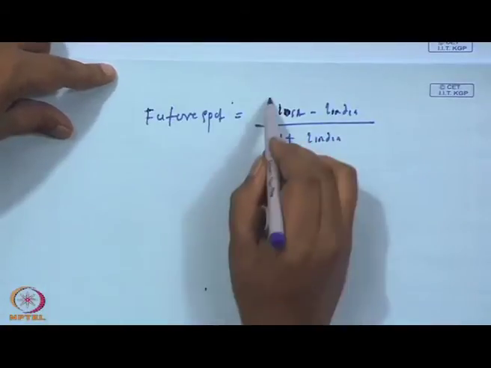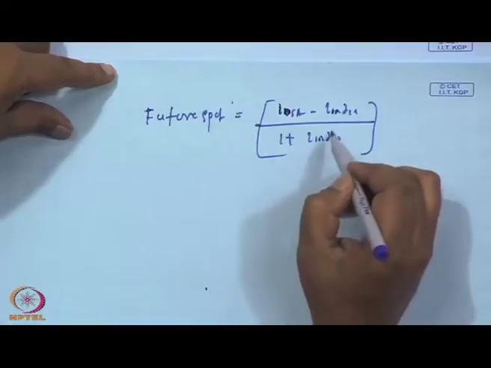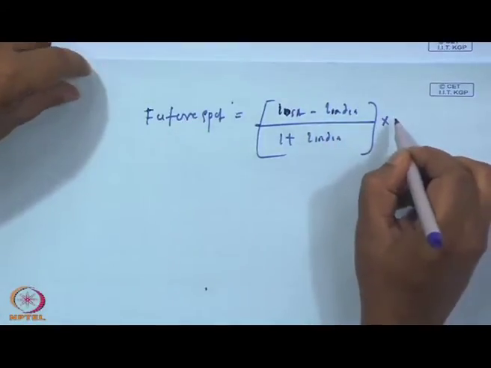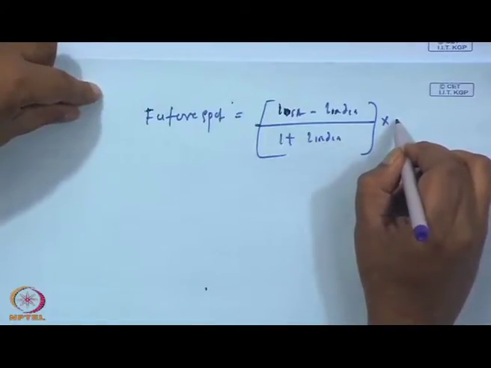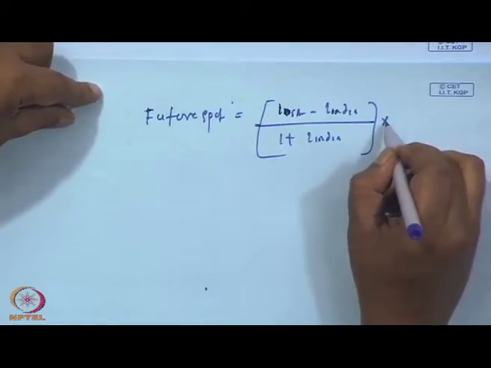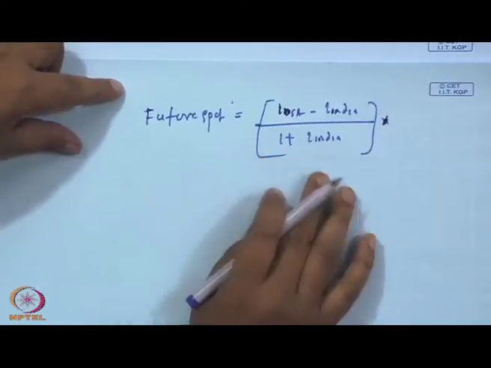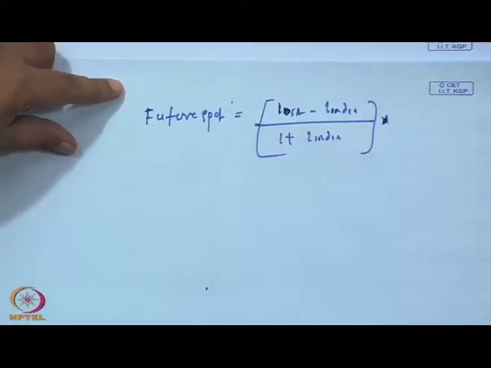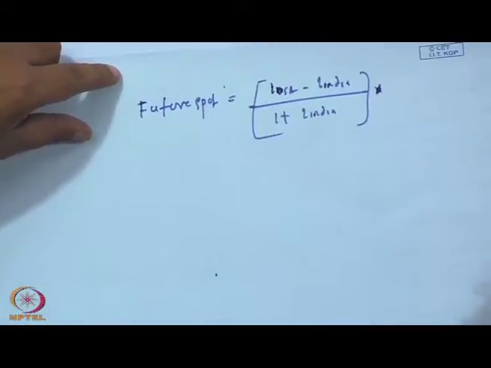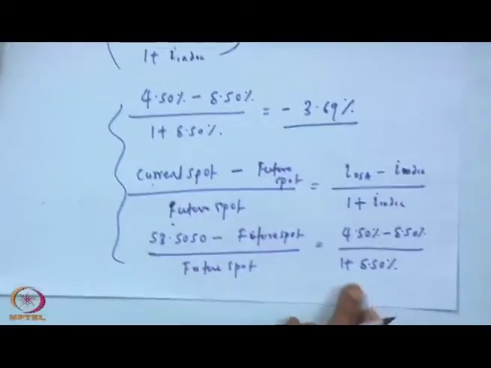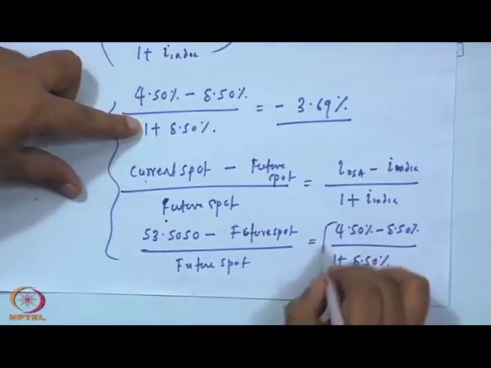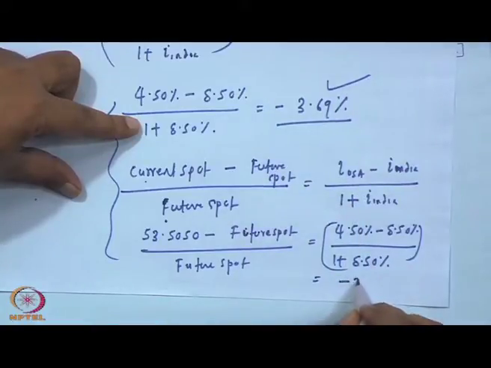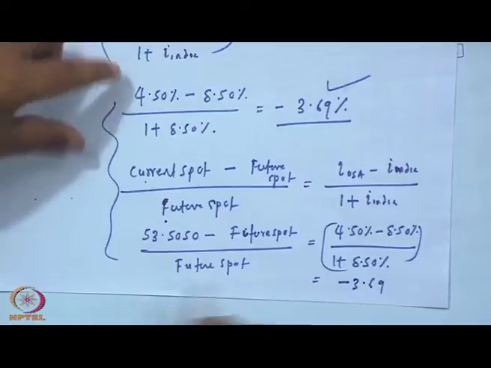This is our change in interest rate. We have to multiply with our change in interest rate. The change in interest rate is what we have calculated in the earlier examples. It is minus 3.69, you have already done it.